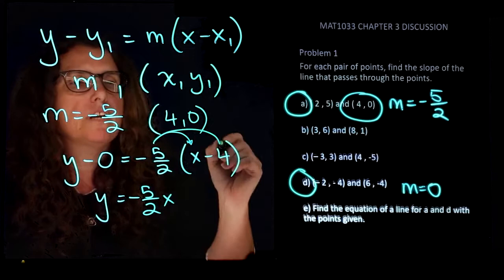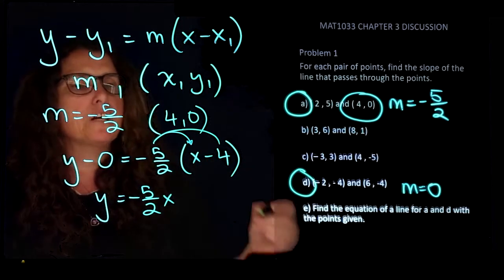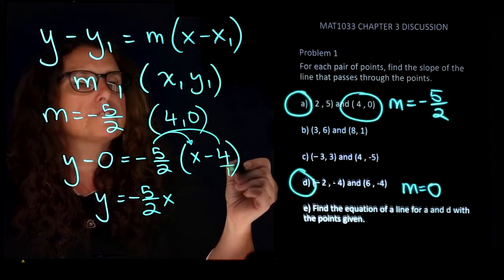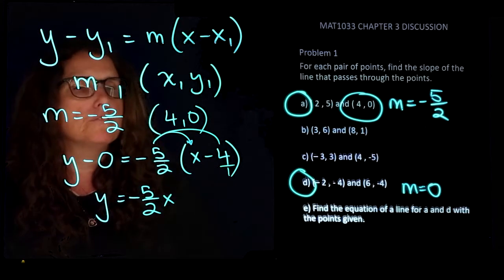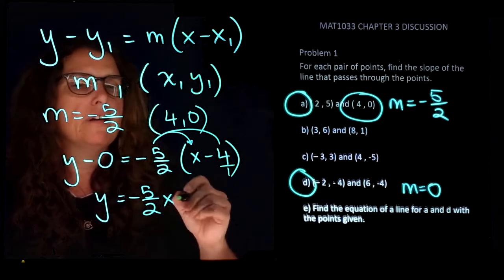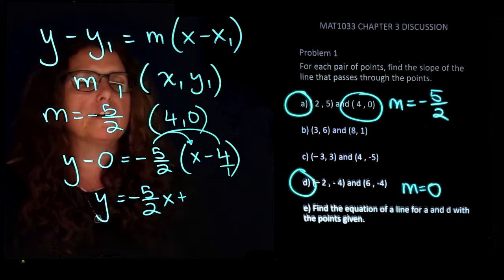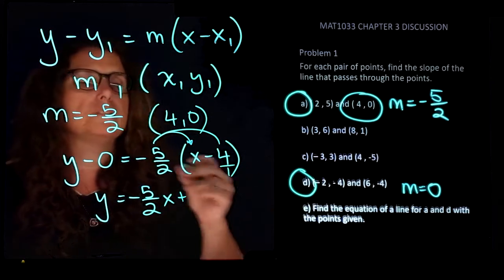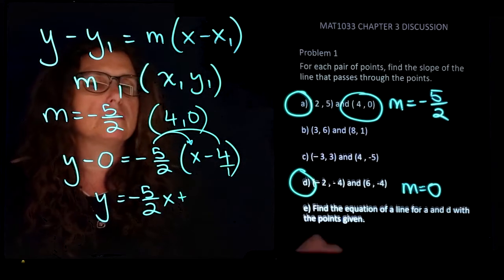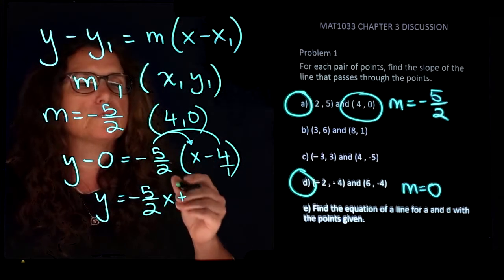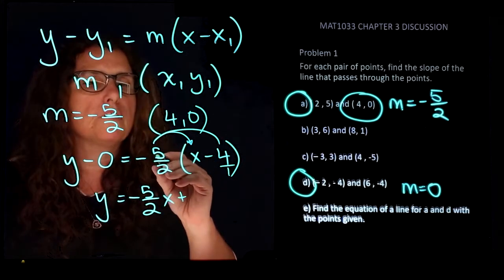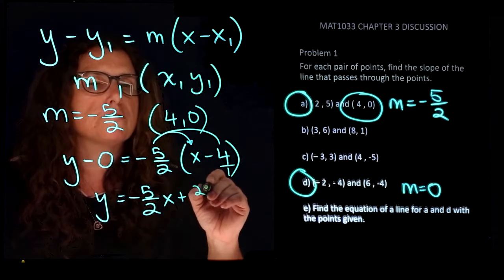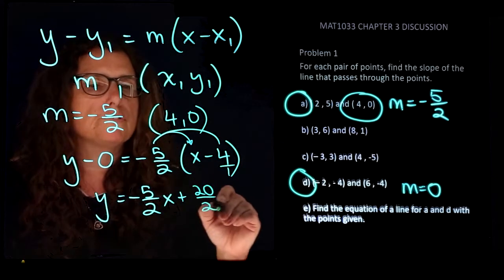And then we have -5/2 times 4. Now this is really 4/1, if you want to think about it that way. We multiply fractions by multiplying numerator times numerator and denominator times denominator. Negative times a negative is a positive, so that would give me 5 times 4 is 20/2.